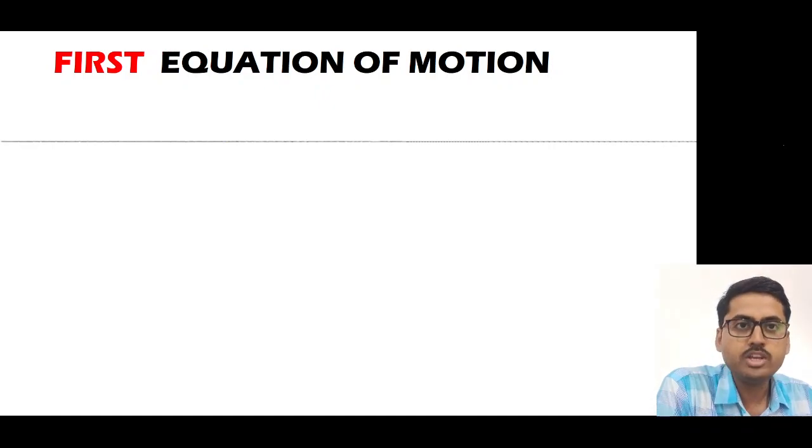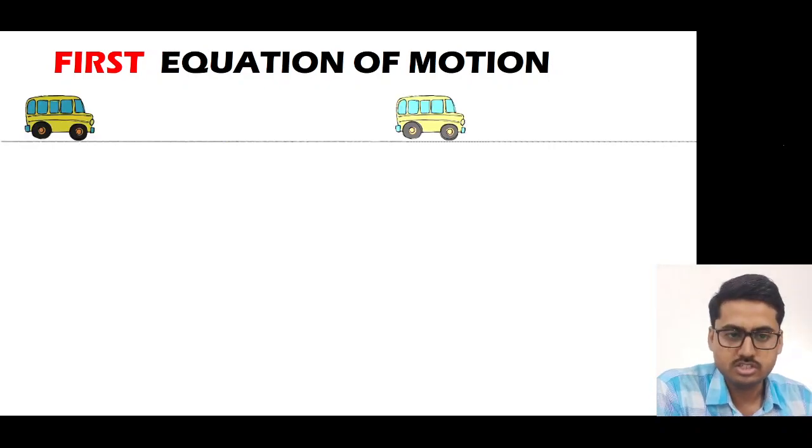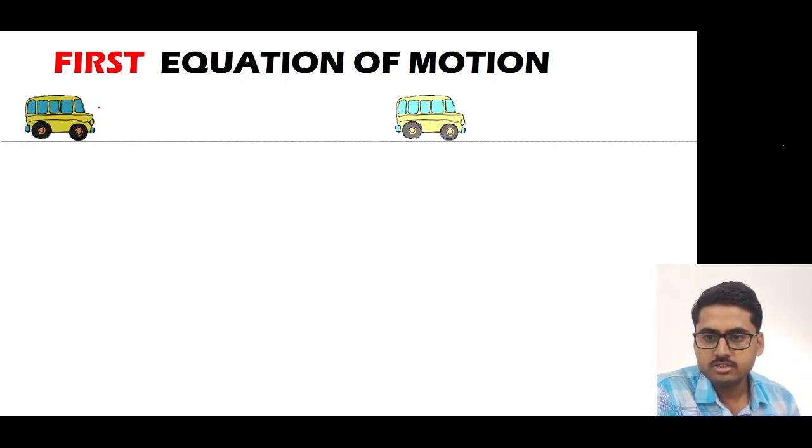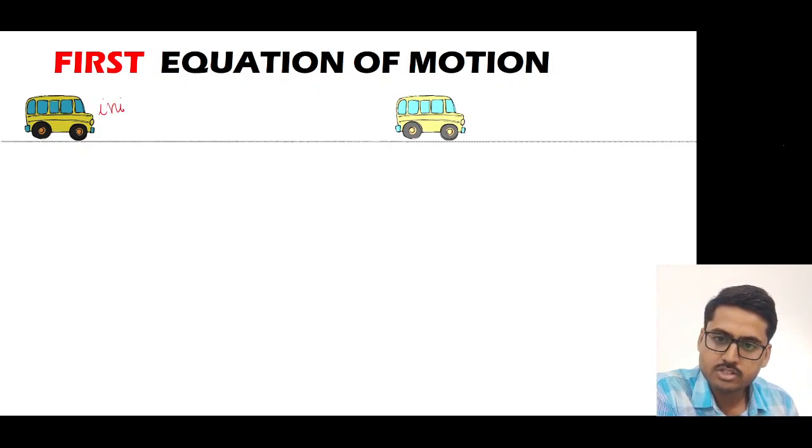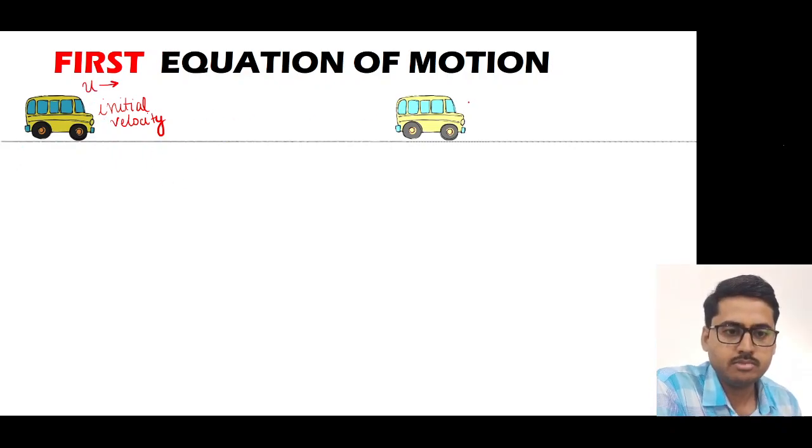So how can we find the change in velocity? Let's say here is the initial velocity, which I am calling by the symbol U, and after a certain time, let's say the bus reaches here and it has got a certain speed.